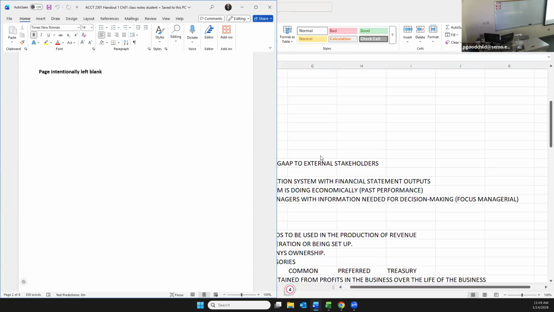So I know on Canvas the chapter one assignment says 10 points. To get the full 10 points, do I need to get 100% on this assignment? I think if you do over 90% on that first one, because it's adaptive learning, you get the 10. I believe that's the way it is, but let me know if it's not.